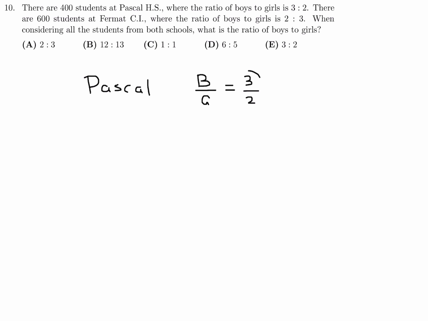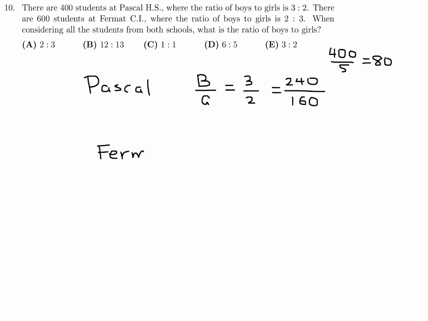So we've got 3 and 2, so that's 5. 400 divided by 5 is going to be 80. So we just multiply 3 times 80 to get the number of boys, 240, and 2 times 80 to get the number of girls, and that's 160. So that takes care of Pascal High School.